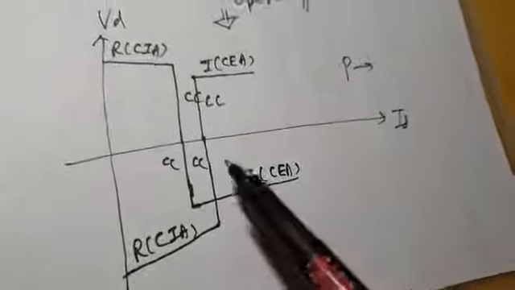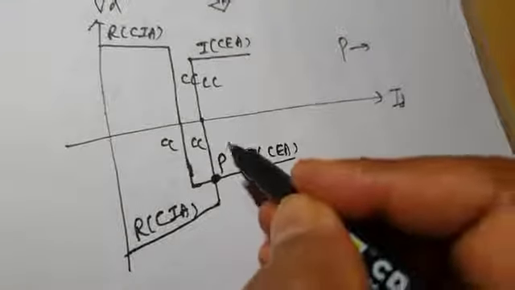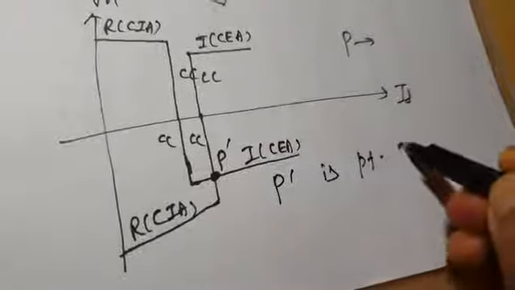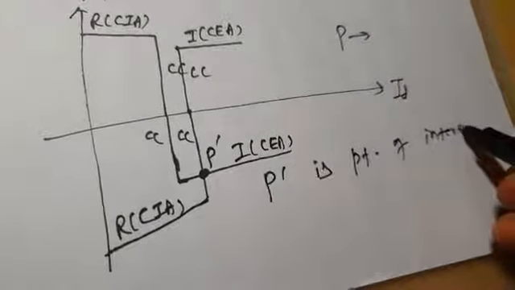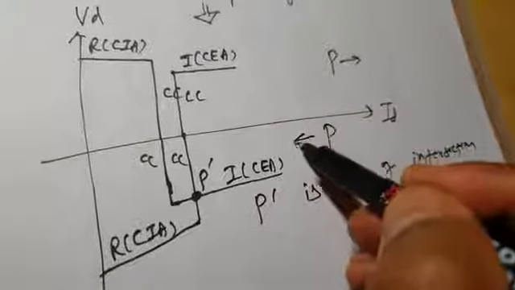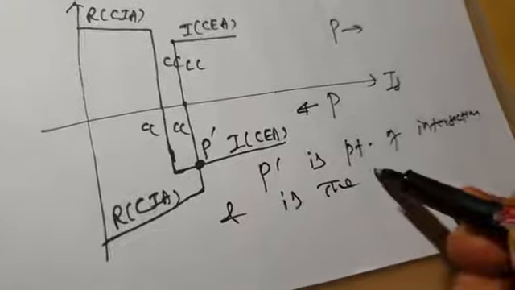Now you can see there is a point of intersection. Let us call this point of intersection P dash. So P dash is the point of intersection between rectifier characteristic and inverter characteristic for reverse direction of power flow, and it represents the operating point.